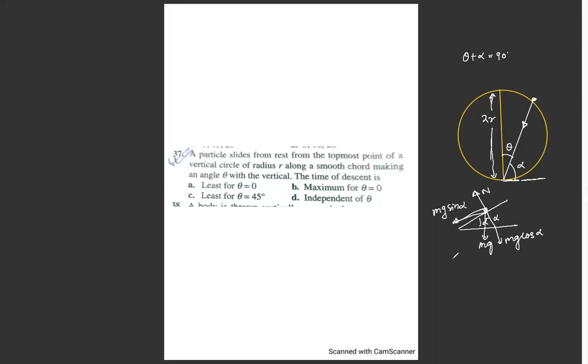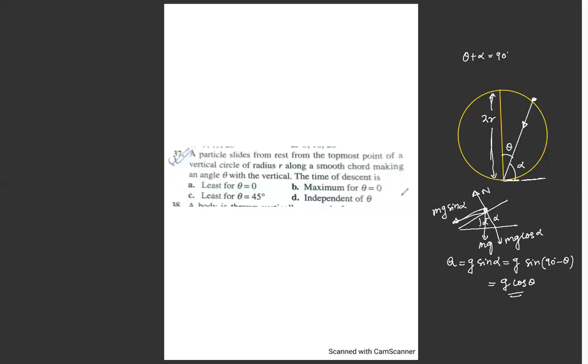So acceleration is equal to g sine alpha. But alpha is not given here, so we write g sine of 90 minus theta. 90 minus theta gives cos theta. So the acceleration is g cos theta.